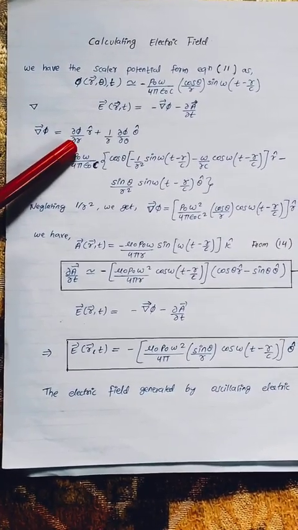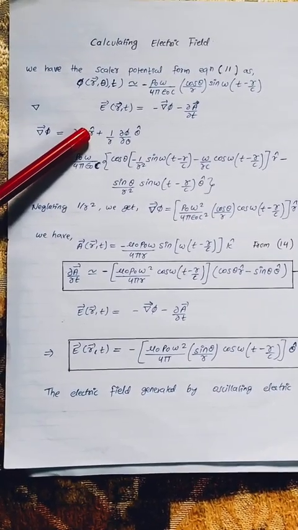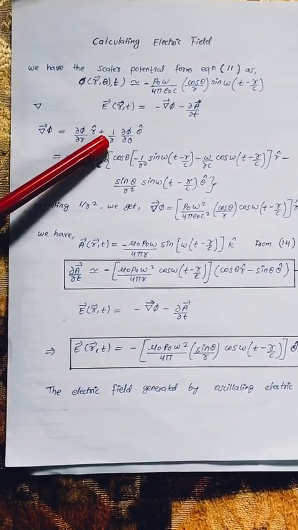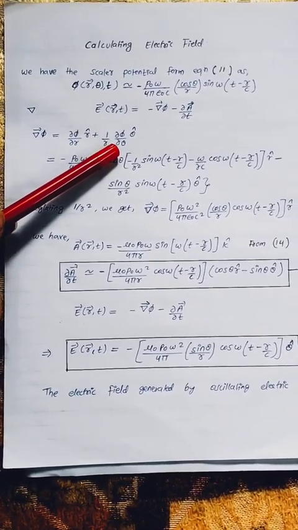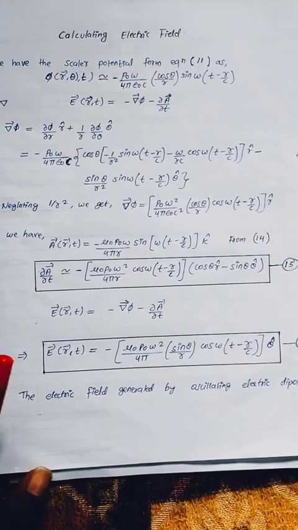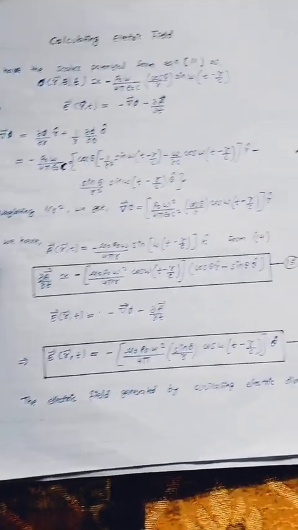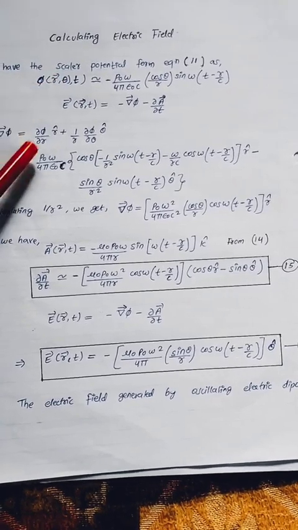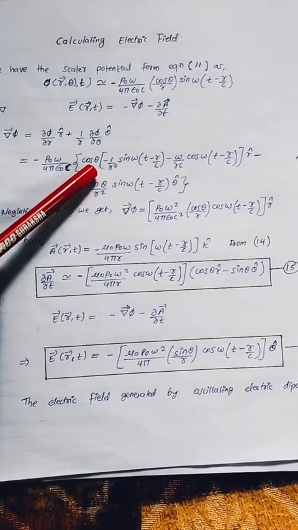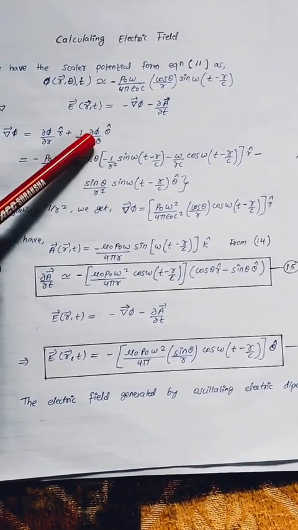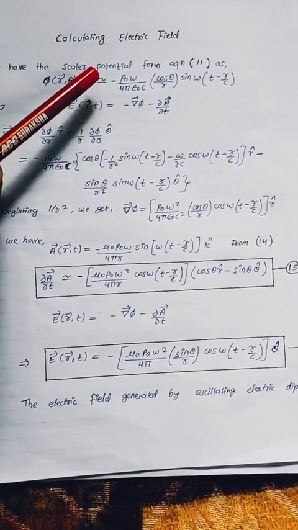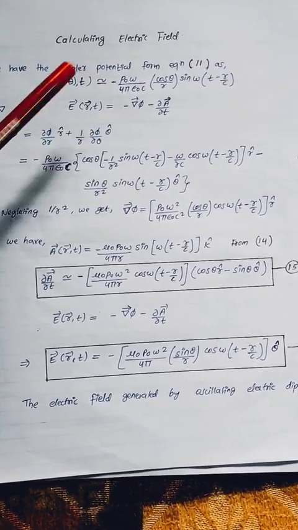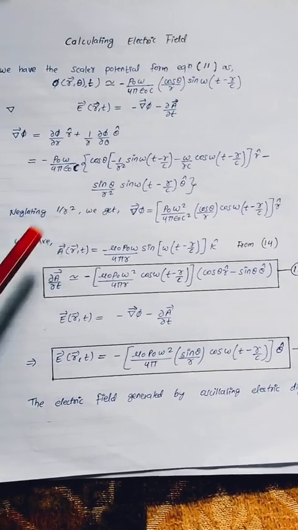Then del phi equals del phi by del r in the r direction plus 1 by r del phi by del theta in the theta direction. Differentiating this equation with respect to r, we get this term, and differentiating with respect to theta, we get this.